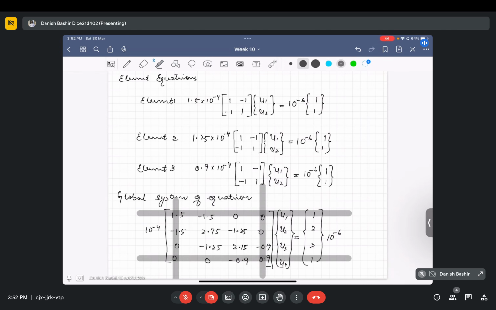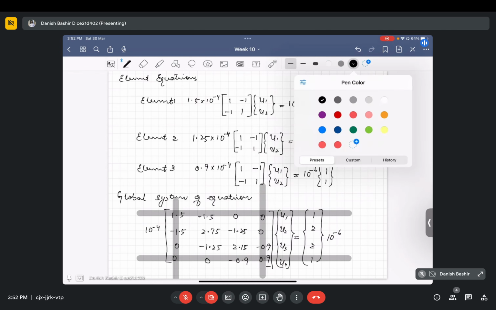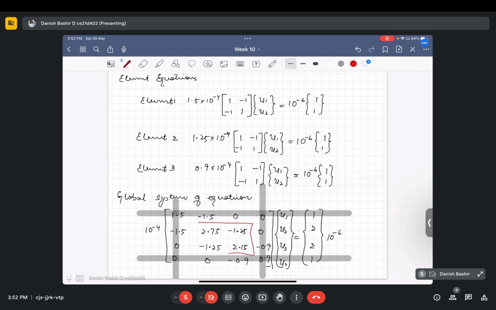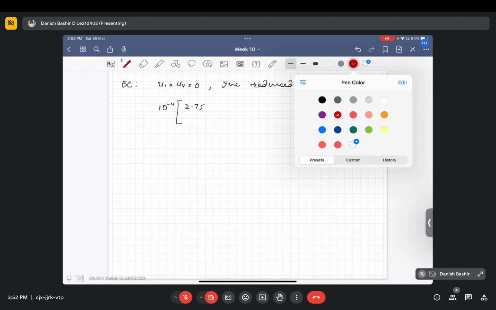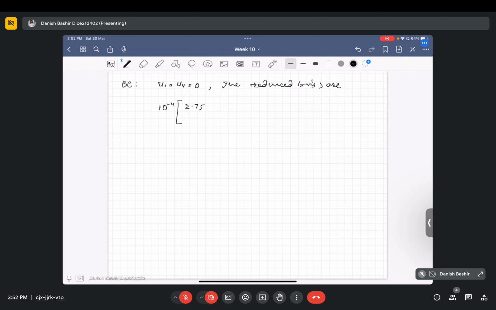So our remaining things that we will be capturing will be only this part. I hope you people are getting my point. That's why I'm writing the same thing here: 2.75, minus 1.25, minus 1.25, 2.15, times u2, u3, equal to 10 to the power minus 6.